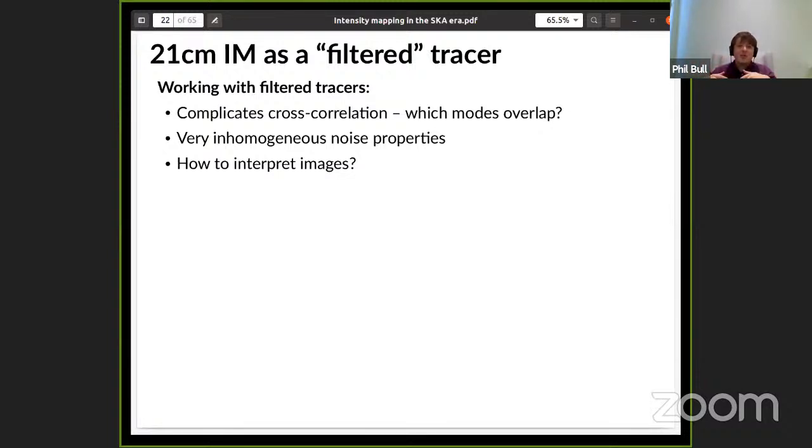You can do this, for example, with a map of the world. If you Fourier transform it, remove all of the smooth stuff, you can't really see the continents very well anymore, but you can see individual bits of outlines of the coast of certain countries and stuff. So it tells you something, but it doesn't tell you everything. So you have to be careful with how you interpret these images.